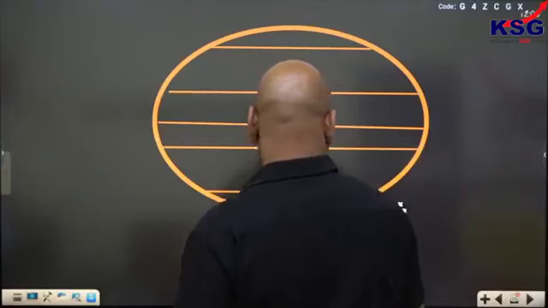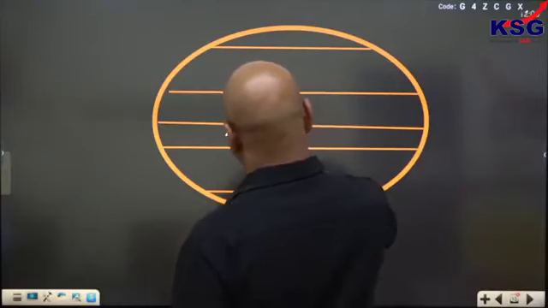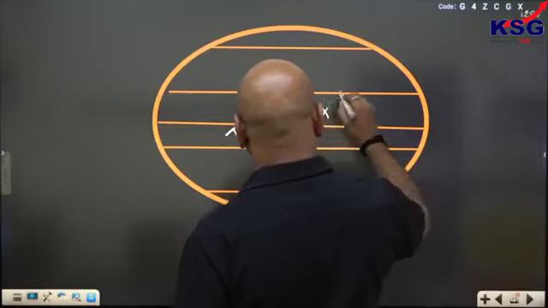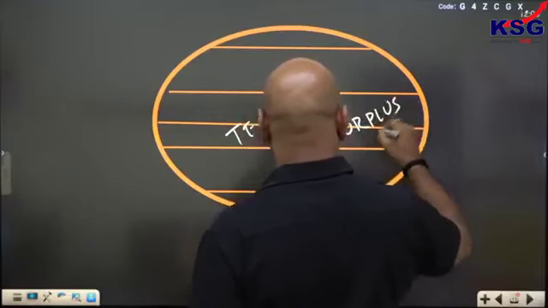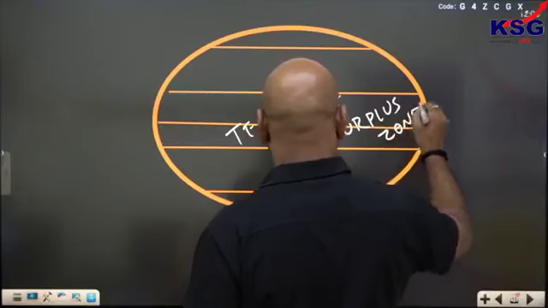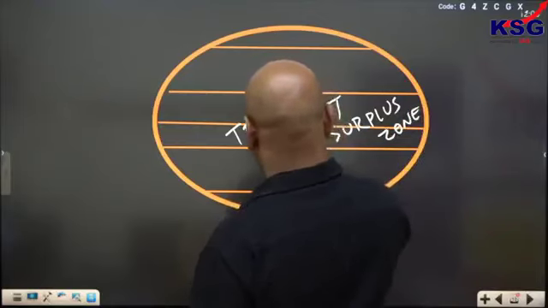This is the temperature or heat surplus zone.